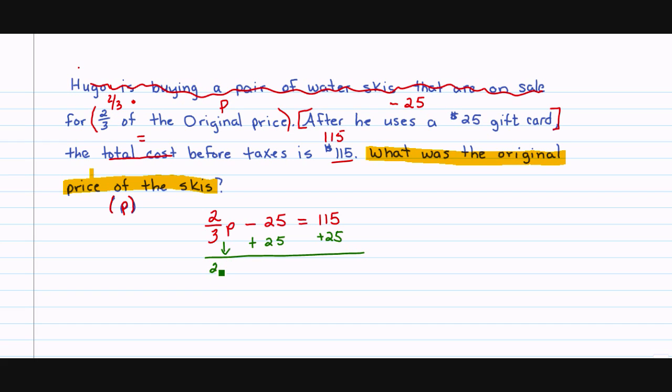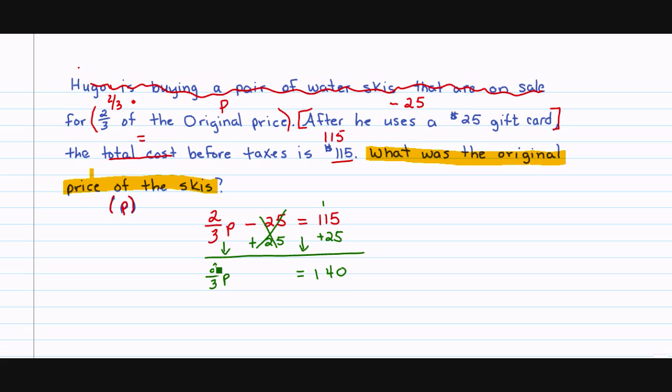I bring down what I don't use. That cancels out. I bring down my equal sign. And I solve. 115 plus 25 is 140. I have 2/3 P equals 140.